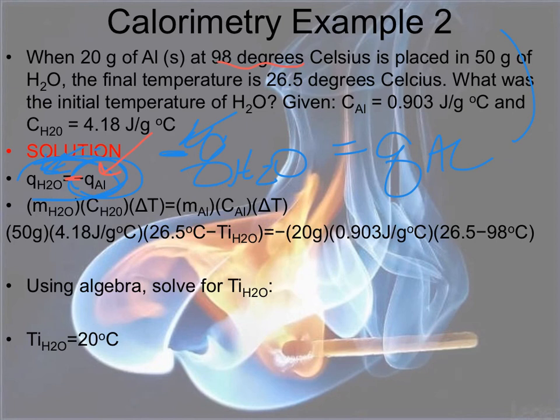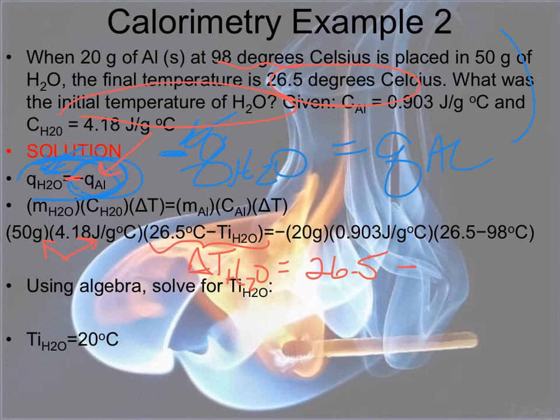So when we plug in all our values, we have 50 grams of water. Here's the specific heat capacity for water. And remember that delta T for both of them, in this case water, is equal to T final minus T initial. Remember the problem gave us T final, okay? So T final is 26.5 degrees Celsius, and we don't know the initial temperature of water.